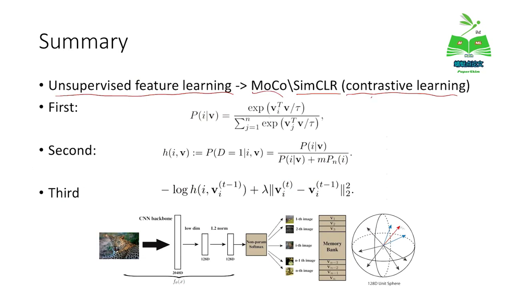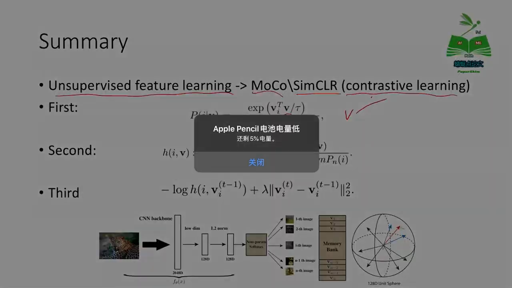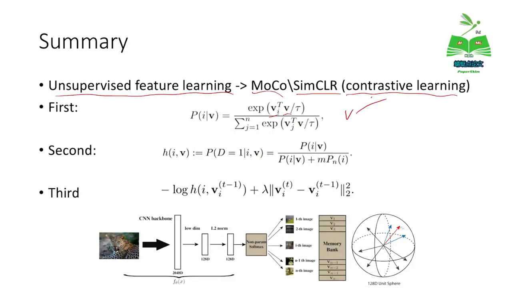Because it compares with other instances. So first, given an image, it extracts the v, and compares with n instances to measure the probability corresponding to the ith sample, and updates based on this probability.